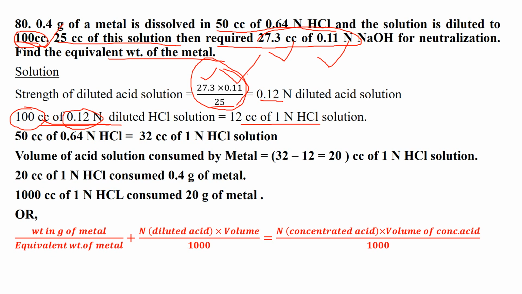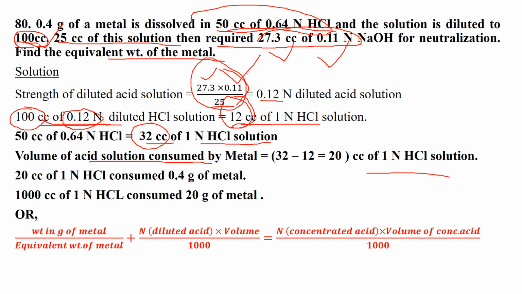Then 50 cc of 0.6 N HCl solution is also equal to 30 cc of 1N HCl solution. Then the volume of acid solution consumed by the metal is 30 minus 12, which is 20 cc of 1N HCl solution.